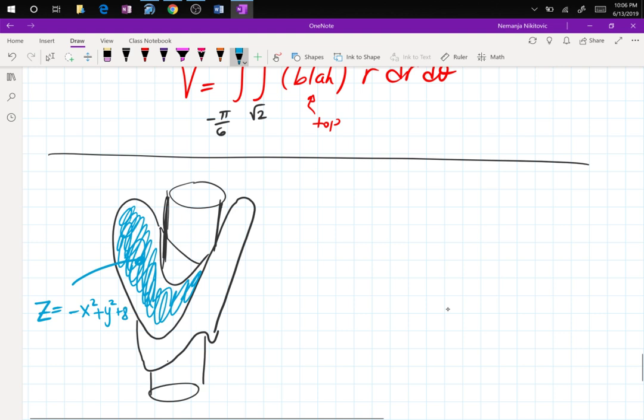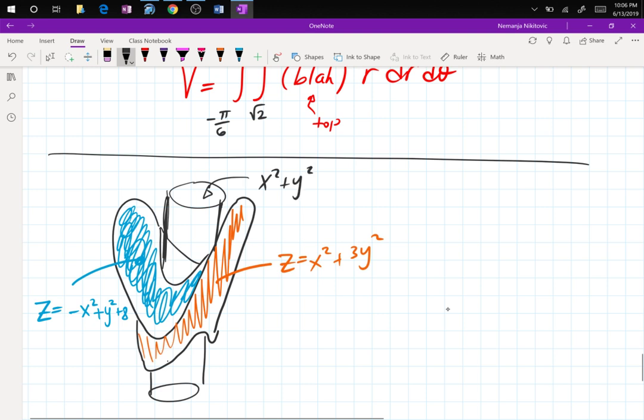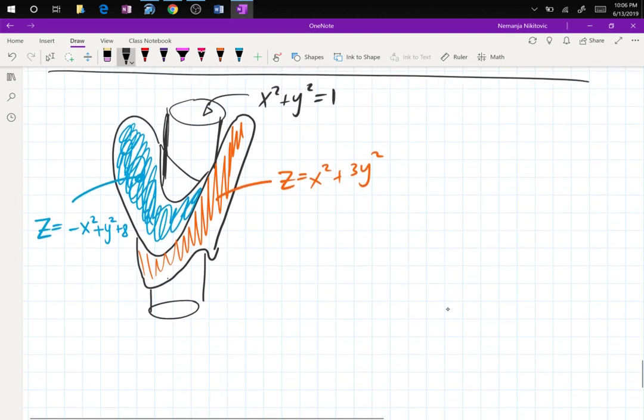And the other region, maybe we can put it in orange, is going to be z equals x squared plus 3y squared. And finally, the whole thing is x squared plus y squared equals 1. All right, good.